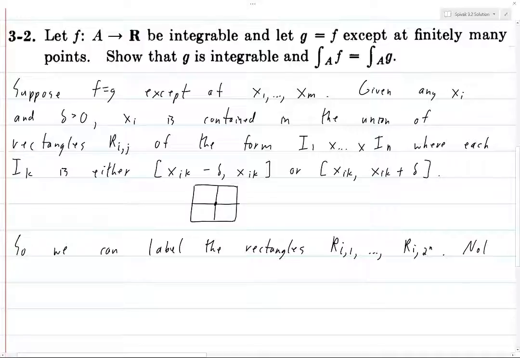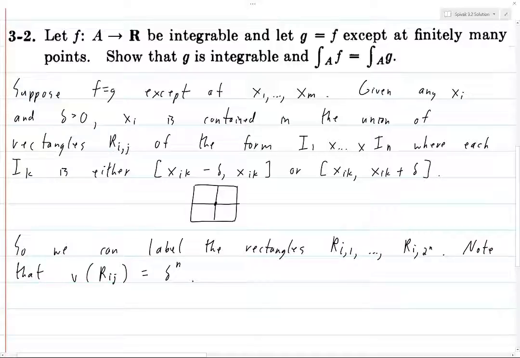Note that if we look at the volume of any particular Rij, each Ik has length delta, and this is a direct product of n such intervals, and so the volume is going to be delta multiplied by itself n times, so delta to the n.